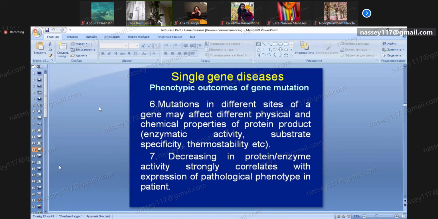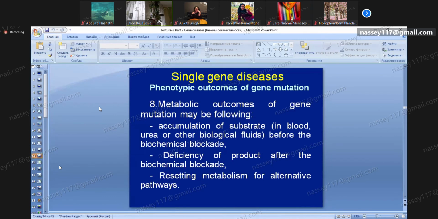Mutations in different sites of a gene may affect different physical and chemical properties of protein products, like enzymatic activity, substrate specificity, thermostability, etc. Decrease in protein or enzyme activity strongly correlates with expression of pathological phenotype in the patient, and metabolic outcomes of gene mutations may be the following: accumulation of substrate in blood, urine, or other biological fluid before the biochemical blockade, deficiency of product after the biochemical blockade, and use of alternative metabolic pathways.